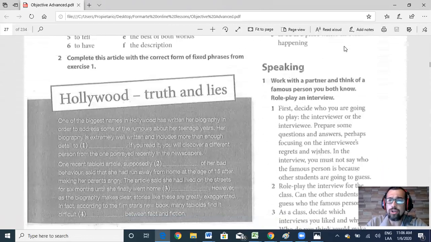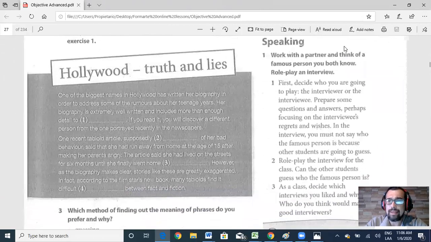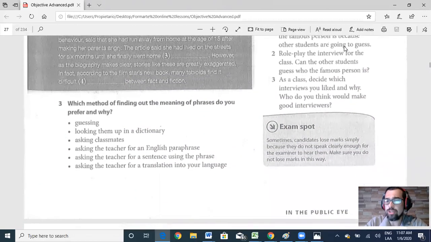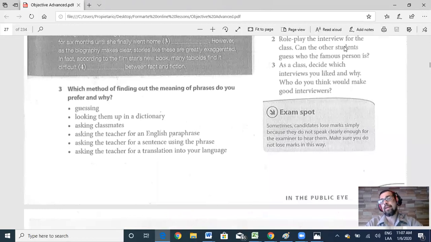So there's also another speaking part, like a role play, but this is mostly for you to practice speaking up, right? We as teachers know, and remember, this is not only for teachers, it's also for students, that some students, when they do the speaking part, talk a little bit softly.